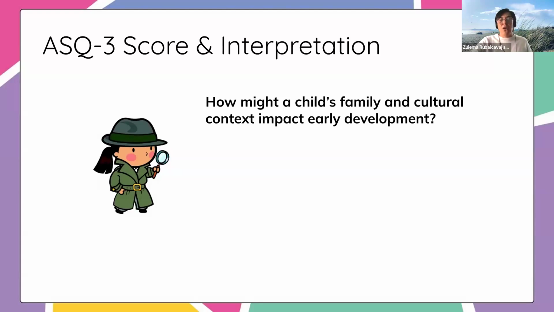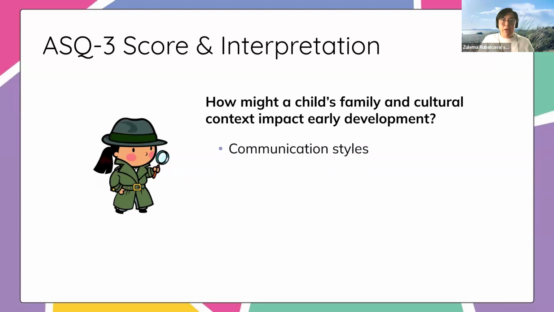So after the pandemic, we saw a lot of kiddos with some gross motor delays, not because they have a disability or a gross motor disability. It's because they didn't have that opportunity to practice those skills. And so we want to really think about how those things might impact what that child's doing, right?